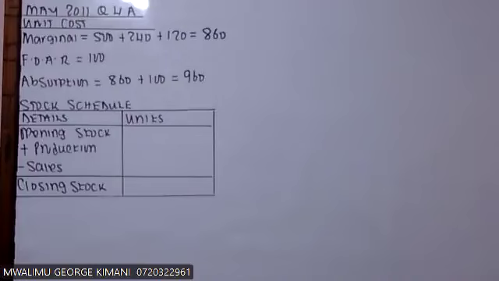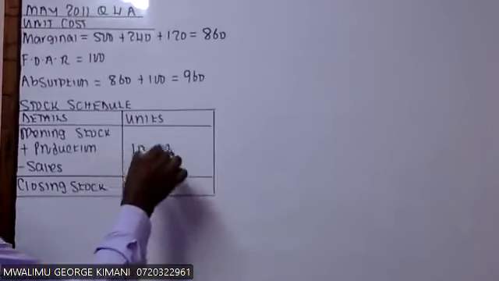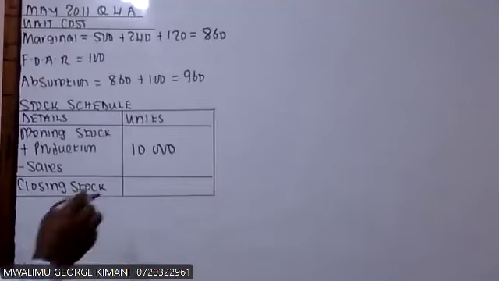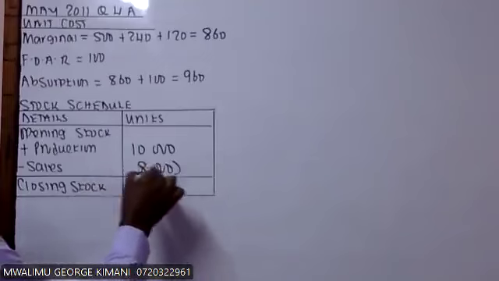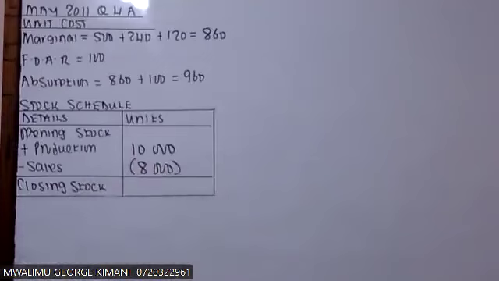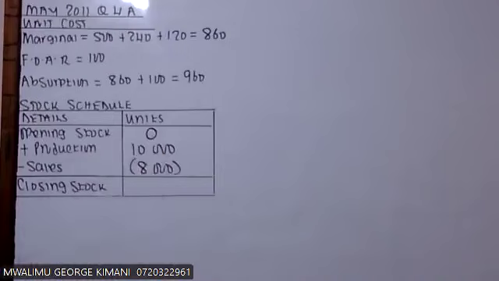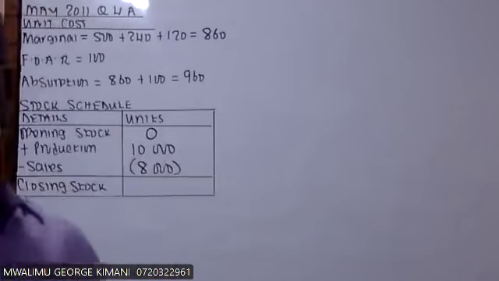According to information one, during the month of March 2011, production was 10,000 units as planned, but sales made were 8,000. So the sales are 8,000. According to information 4, there was no opening stock at the beginning of the month, so the opening stock is taken to be 0.